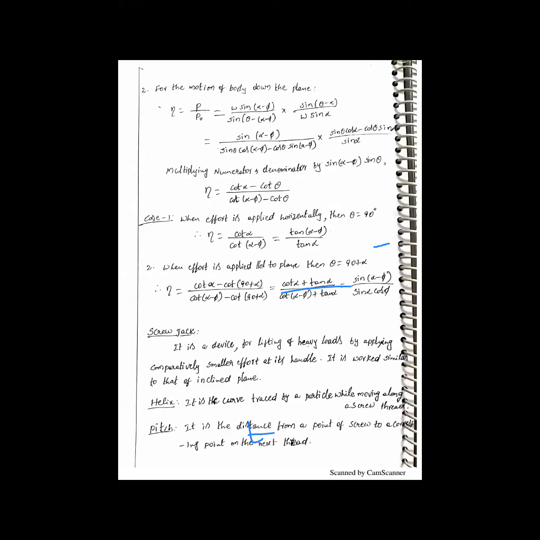When we multiply numerator and denominator with that term, eta equals cot alpha minus cot theta by cot alpha minus phi minus cot theta. If you have any doubt here, just multiply numerator and denominator, both terms, with sin alpha minus phi into sin theta, and the remaining term comes to this.